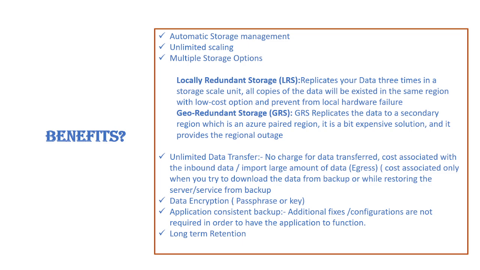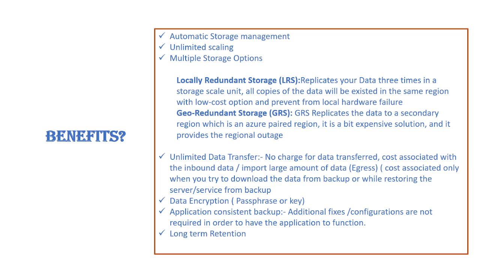So when you take the backup, one copy of the data will be kept in the secondary region also. It is a little bit expensive solution, and it gives you regional redundancy against regional outages. If the entire Western Europe is submerged, you still have your data in North Europe or maybe in the India region. That is called geo-redundant.